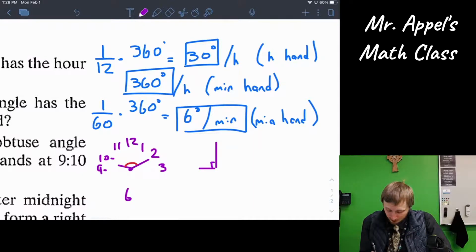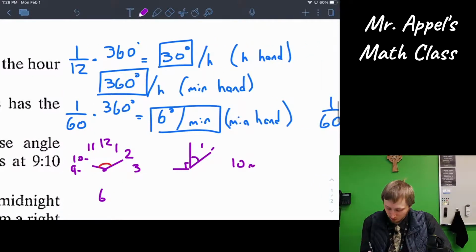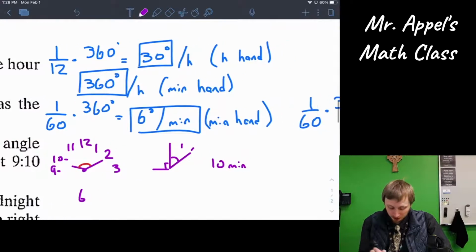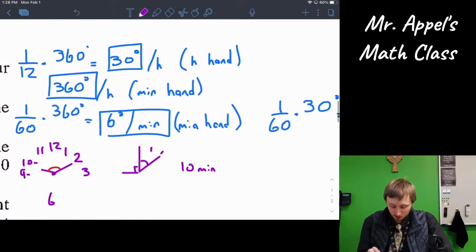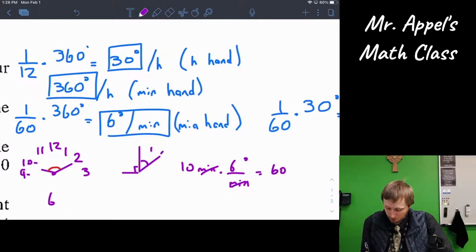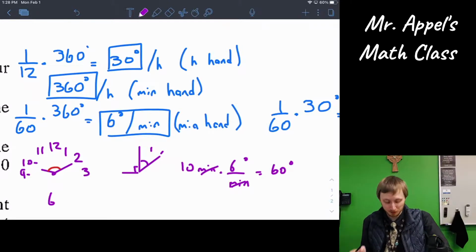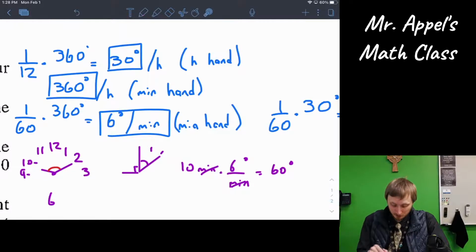Except I have to go out 10 minutes past that, so I need to add 10 more minutes. 10 minutes of the minute hand is, what did we say? 6 degrees per minute for the minute hand, right? So times 6 degrees per minute, minutes cancel out, and that's going to add 60 extra degrees. Okay, so the minute hand has gained 60 degrees from the 9 o'clock position, the 90 degree 9 o'clock position. I've got 60 more to go.